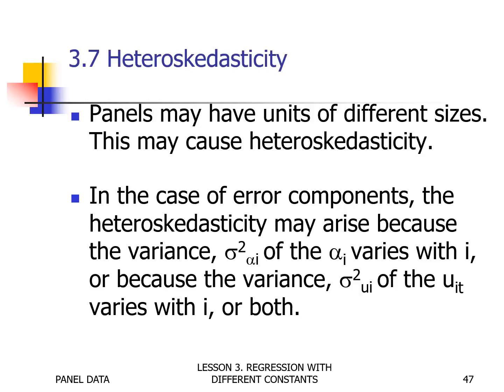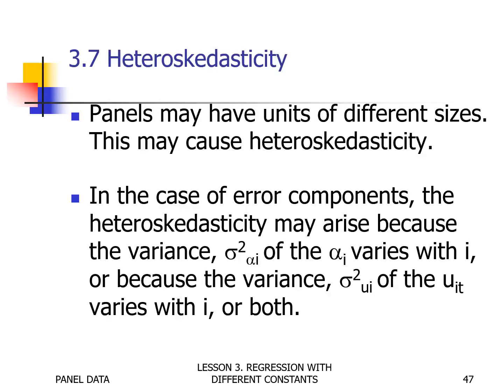That is a second order problem. And in the case of the error components, it may arise because the alphas vary with the size of i. This is a problem which is typical in econometrics.